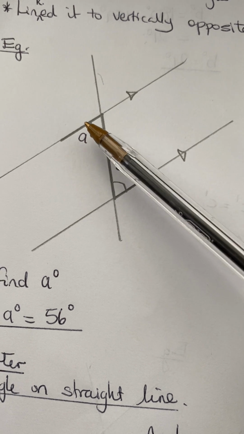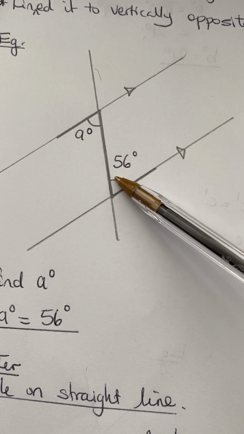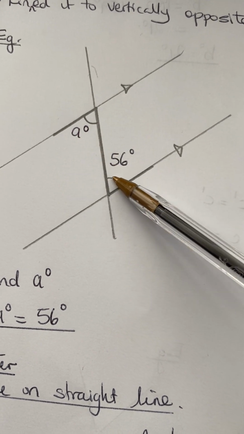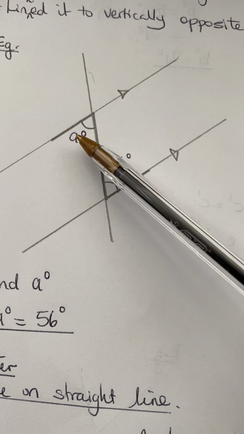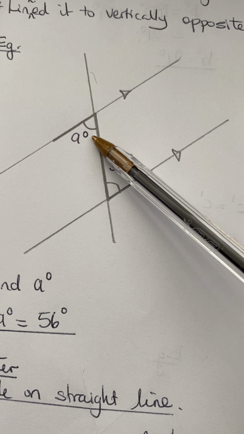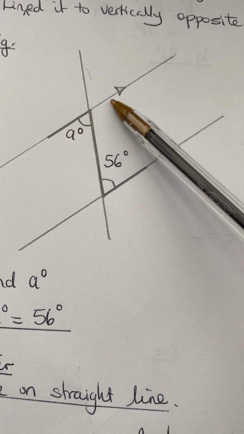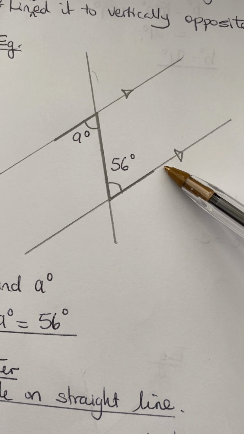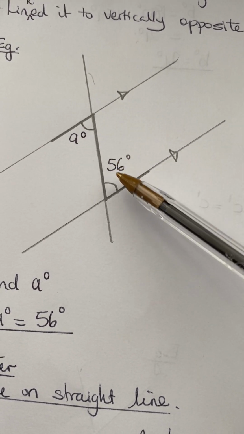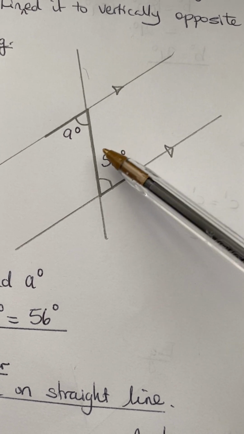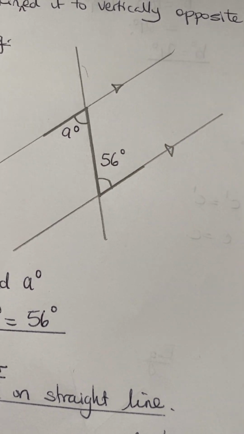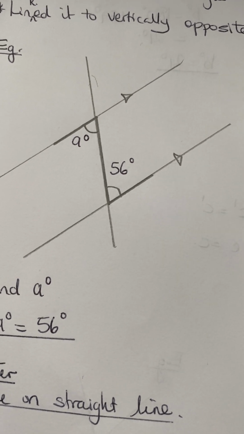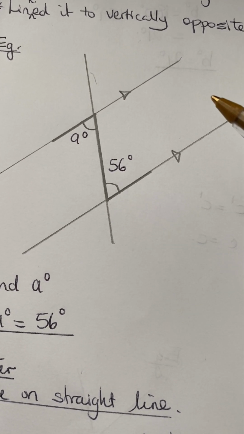Okay, and we said this angle A will be equal to the angle A. So if this is 56, okay, then that will be 56. And then we said this arrow means they are parallel. We said this is not true for non-parallel lines. Okay, it's only true and applicable when the lines are parallel.